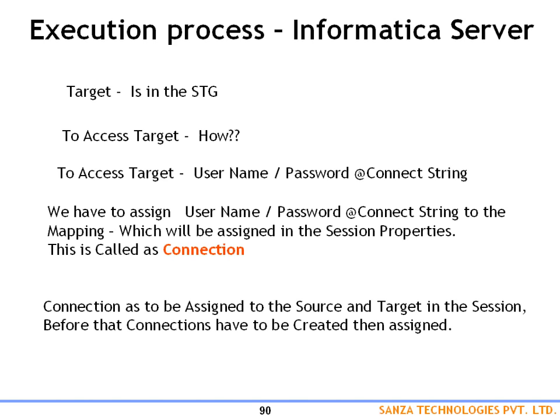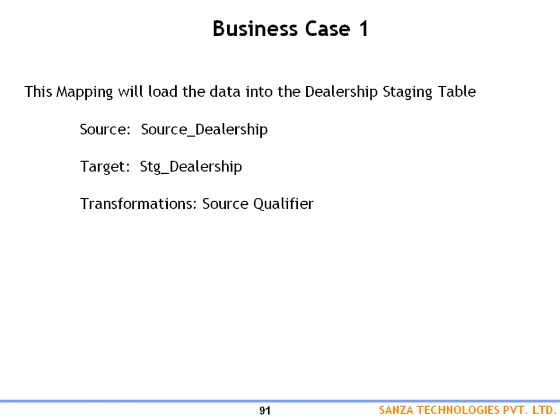Then the next step is business case 1. In my Informatica training, we have taken a small case study. We will extract the data from source, load the data into staging, and from staging to the dimensions and the fact tables. So we have done one small example of the complete life cycle process of a single mapping, how it gets executed and all that.